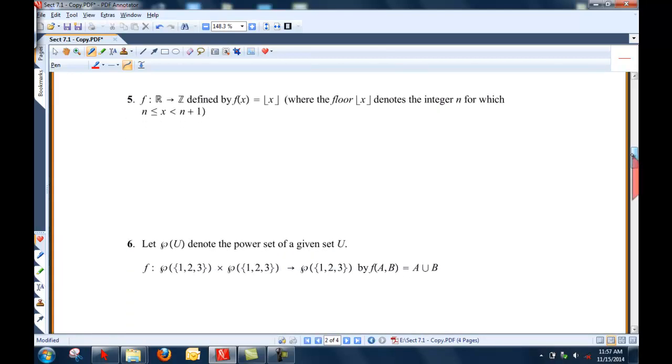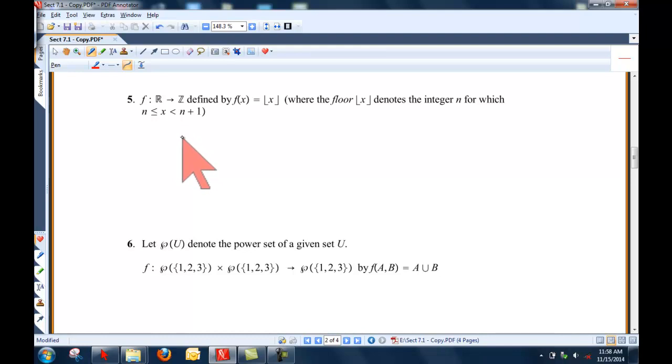Let's look at another. F from the real numbers to the integers defined by f of x equals, and you read this, floor of x. So the floor of a real number is an integer, and it's the integer n for which x is at least as big as n, but less than the next integer.